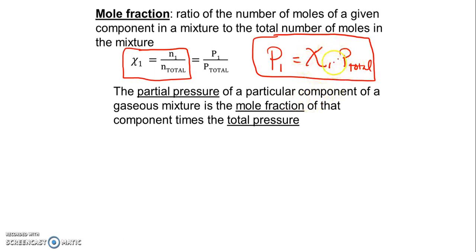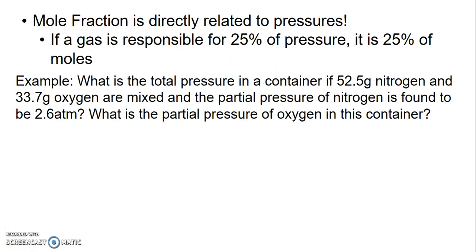And so you would take the mole fraction times the total pressure, and you get the partial pressure, which is just a rearrangement of this part of the equation. We're going to do a couple examples of using this particular equation. And this is on your reference sheet, so it's not something you ever need to memorize, but it is something that's used quite a bit.